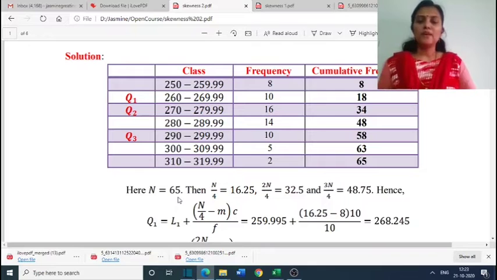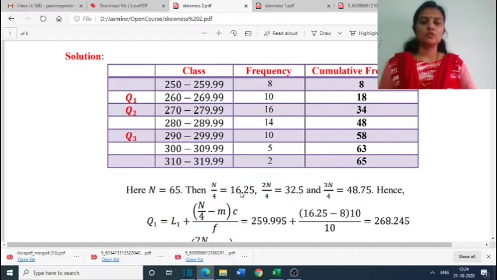Then n by 4 is equal to 16.25. Therefore, the first quartile class: here 18 is the cumulative frequency, so 16.25 lies between 8 and 18.